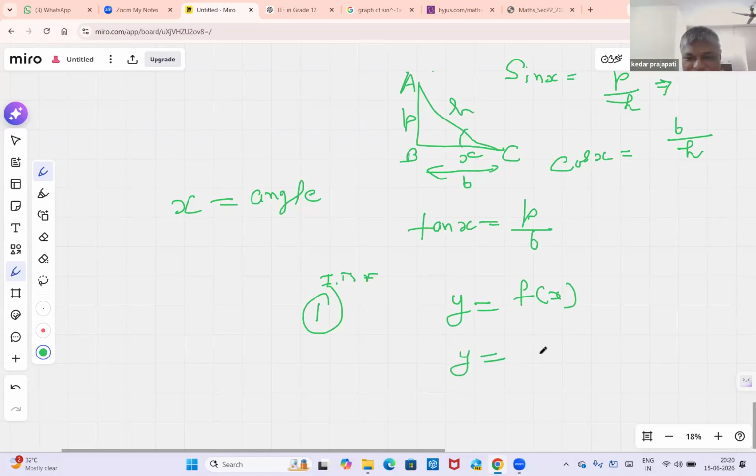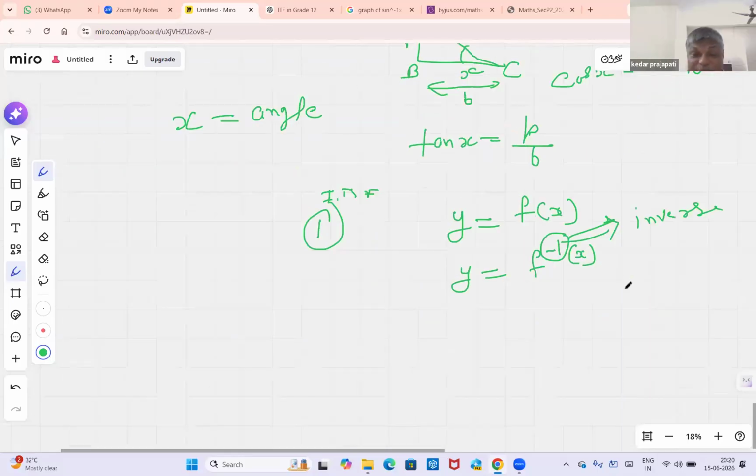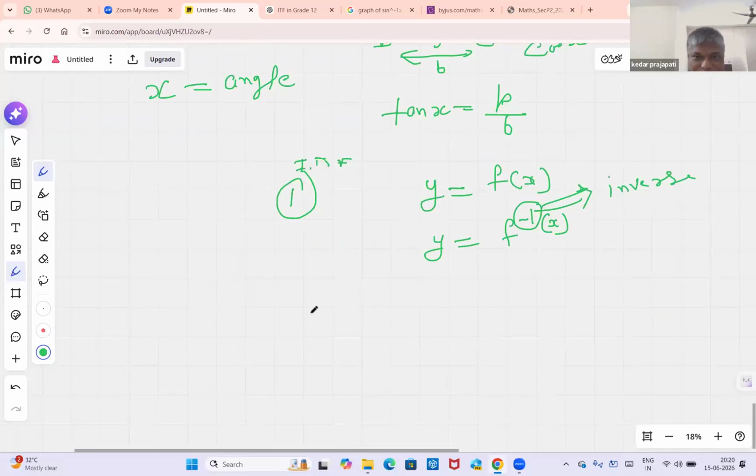We will be writing the inverse as y equal to f to the power minus 1 of x. So here, this one is nothing but the inverse. Correct? Yes.